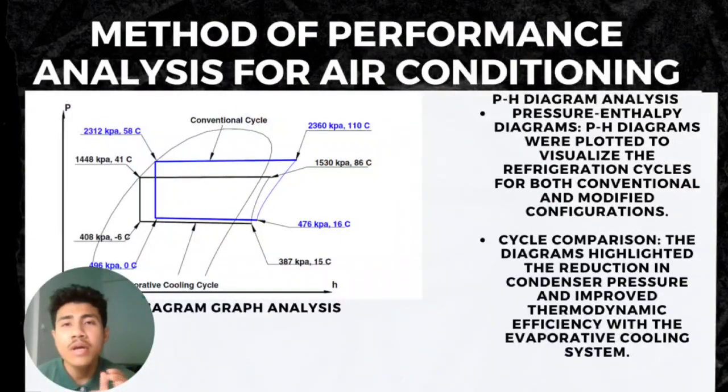At the condenser, it will change from gas to liquid, at the same pressure. And next we go to the expansion valve. At the expansion valve, it will release the heat and make the pressure and the temperature go to a lower point. And next we go to the evaporator. At the evaporator, it will change the liquid into gas at the same pressure.